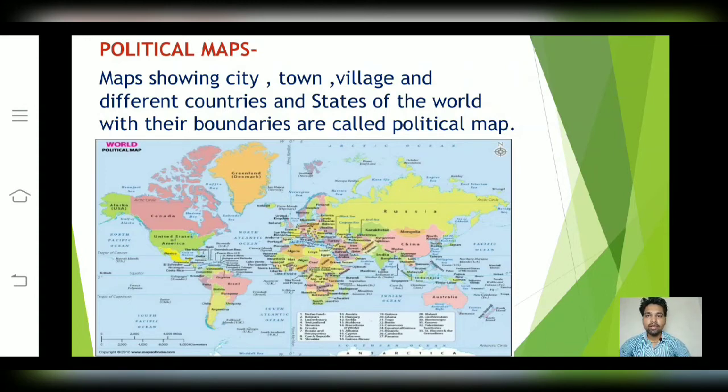Friends, let's suppose we use a single color, then we will not be able to differentiate which country is situated at what location. So for differentiating and knowing the location of any country or place, we use different types of colors.